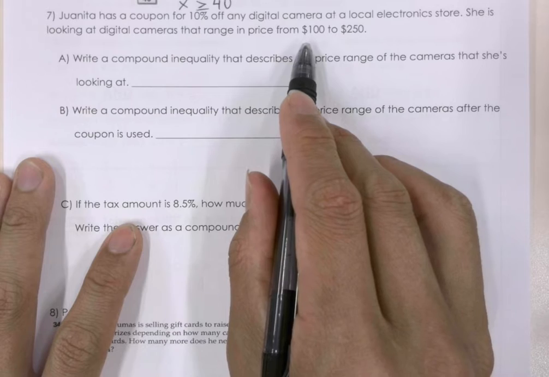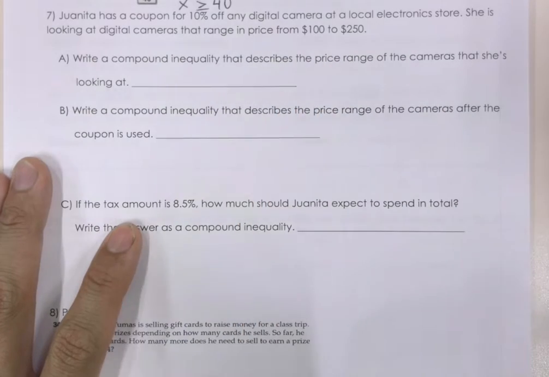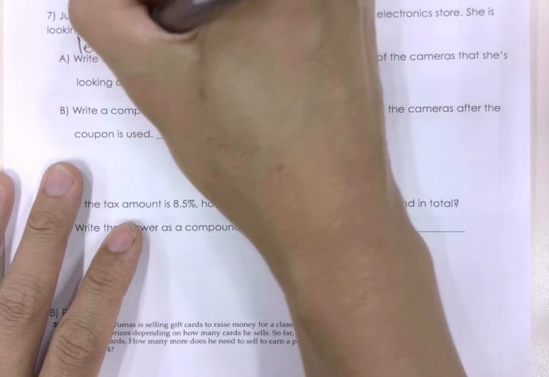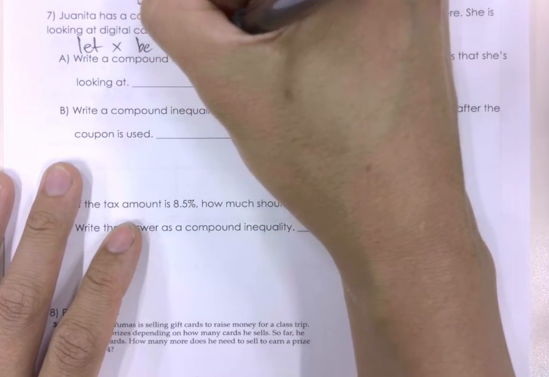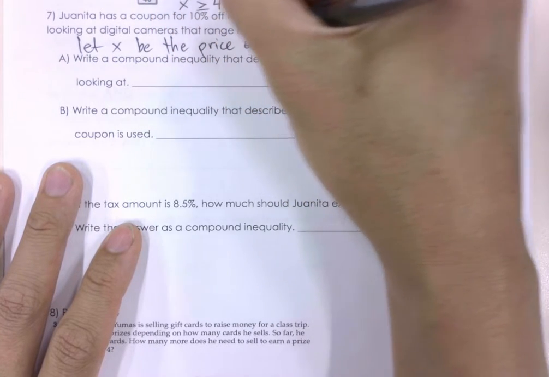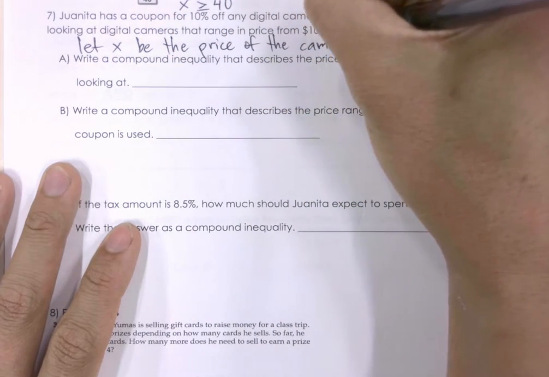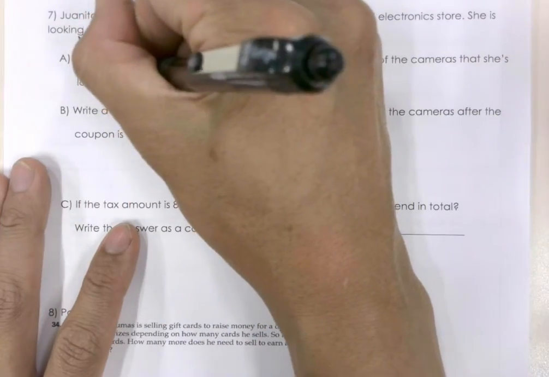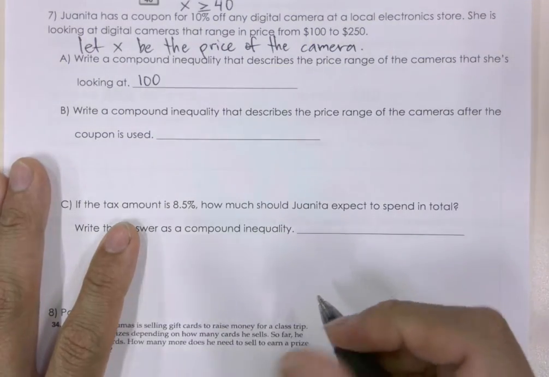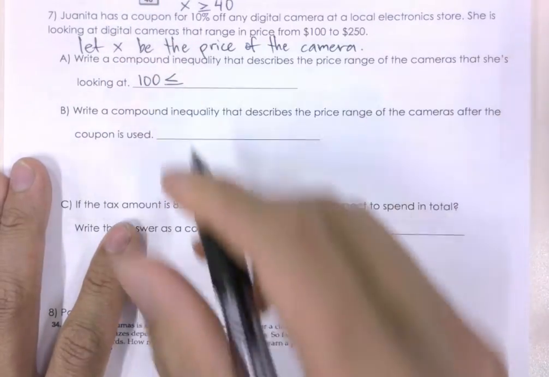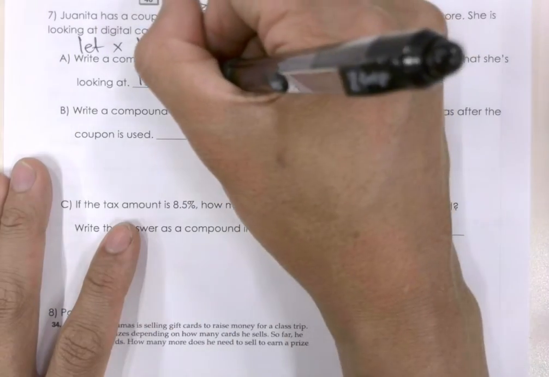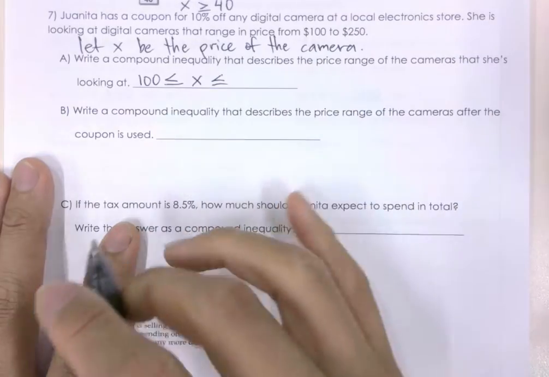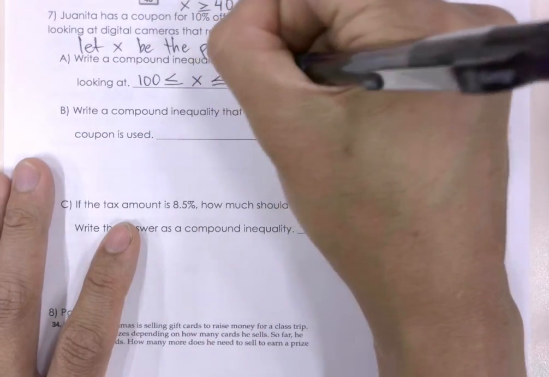So she's looking at cameras that cost $100 to $250. And so if we let X be the price of the camera, then we can create an inequality where we have 100 on the low end, and we want to include 100, so we're going to say less than or equal to X, and we're going to say less than or equal to, and now the high end is going to be 250.